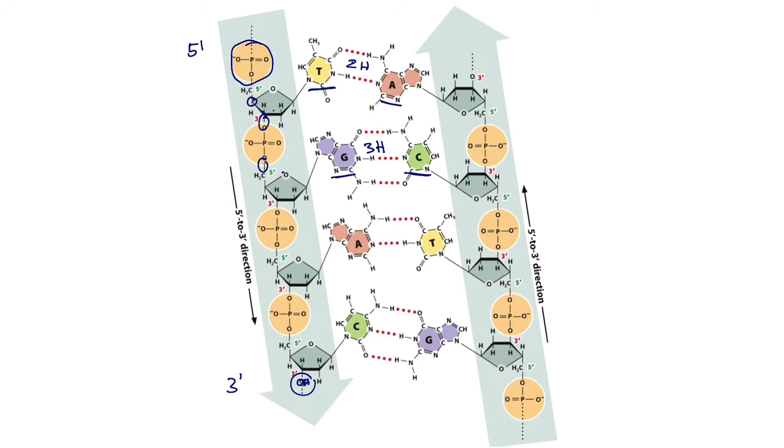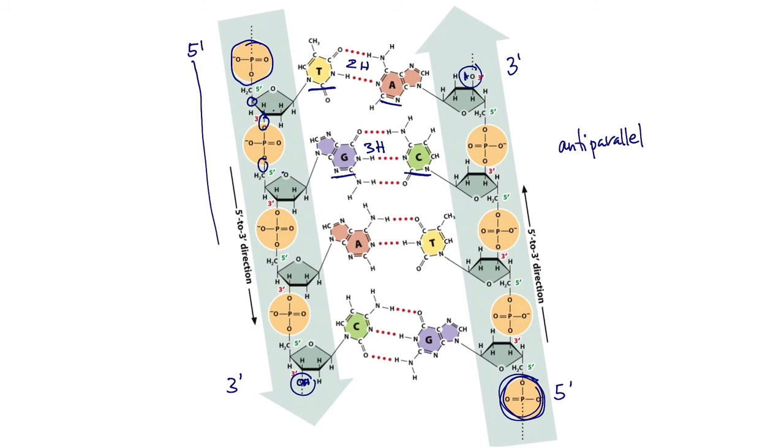Let's look at that partner strand of DNA. Notice that the 5' carbon, the phosphate group, is way down at the bottom on this other strand. And the 3' OH is up here at the top of the page. This second strand is running anti-parallel to its partner.